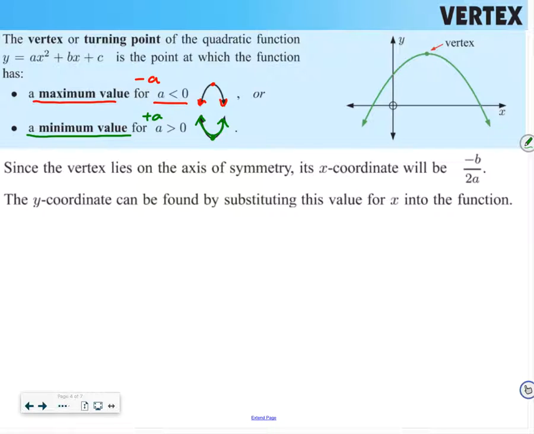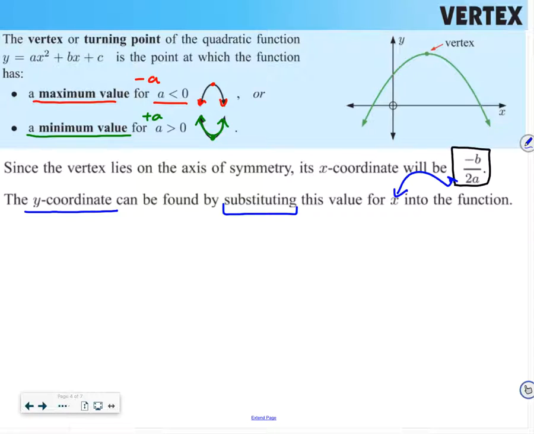Since that vertex lies on the line of symmetry, we can always find the x-coordinate using the same equation we use for our line of symmetry. And the y-coordinate can be found by substituting this same value into our function for x.